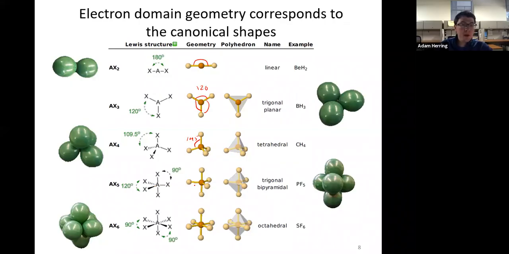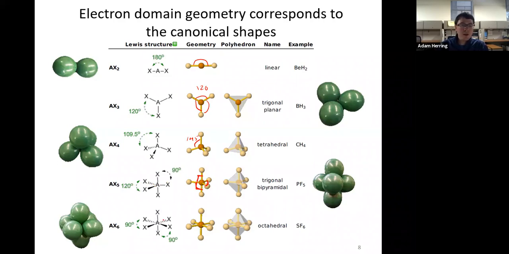For a trigonal bipyramidal, we have two sets of angles. There are the angles that go between the equator and the axes, the north or the south pole. Those are 90 degrees. And then within the equator, the equatorial atoms, you have bond angles of 120 degrees.